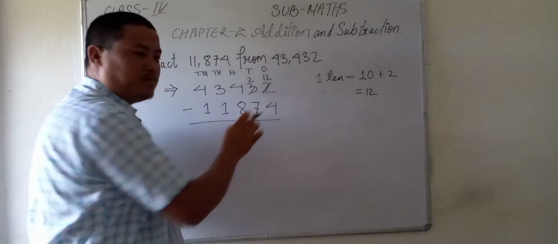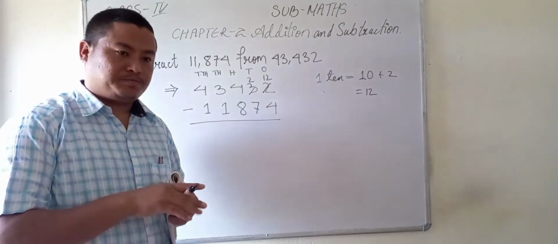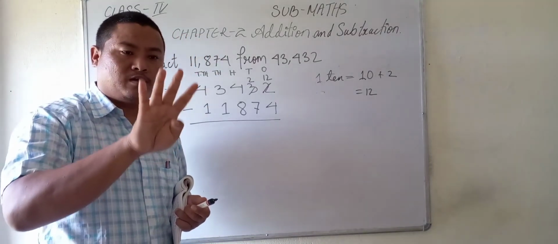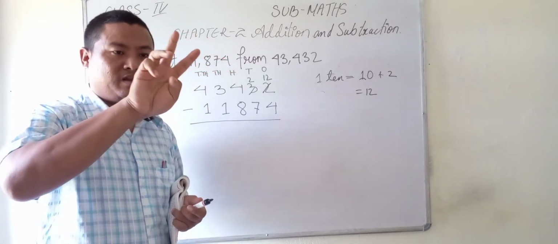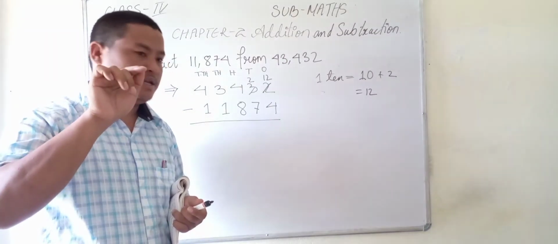Now we can minus this one. From 12 we can minus 4. From 12 just count back. 4 times. 12, 11, 10, 9 and 8.